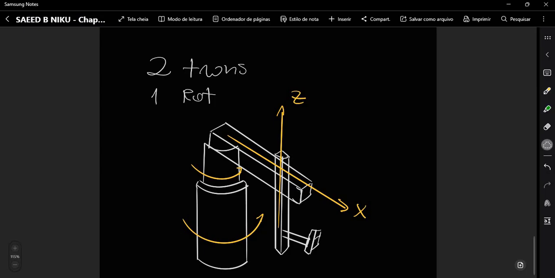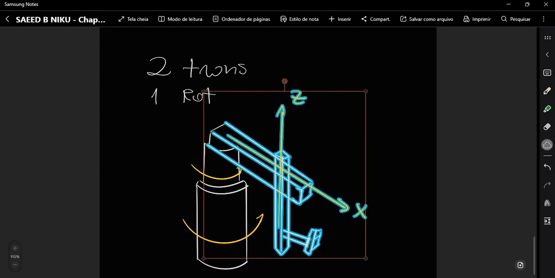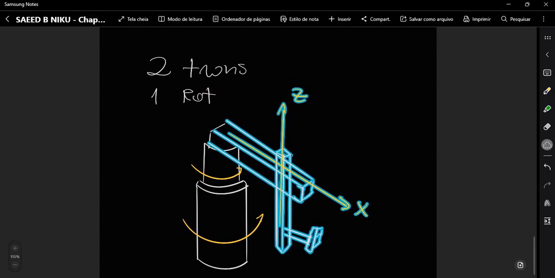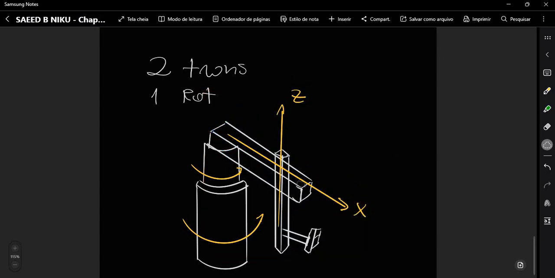And we can do one rotation. So this whole set can rotate, but I don't know how to rotate this, unless I do another drawing.